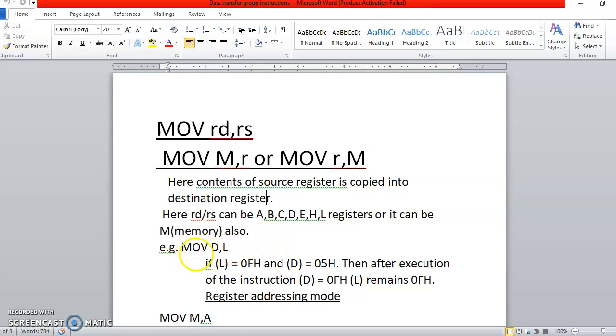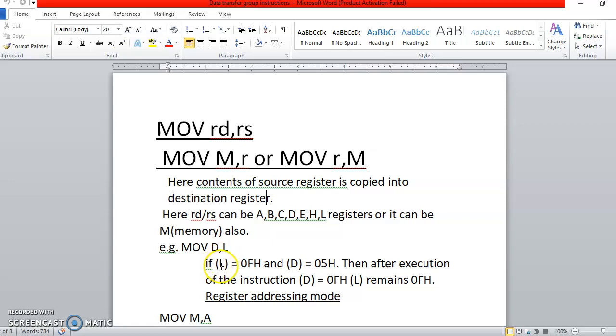Now we will take an example. Suppose I write MOV D, L. So in this case the source register is L, the destination register is D. So whatever are the contents of register L will be copied into D. When you talk about move, it doesn't transfer it. It just copies it from one place to another. So the original contents will remain as it is and the destination contents will change.